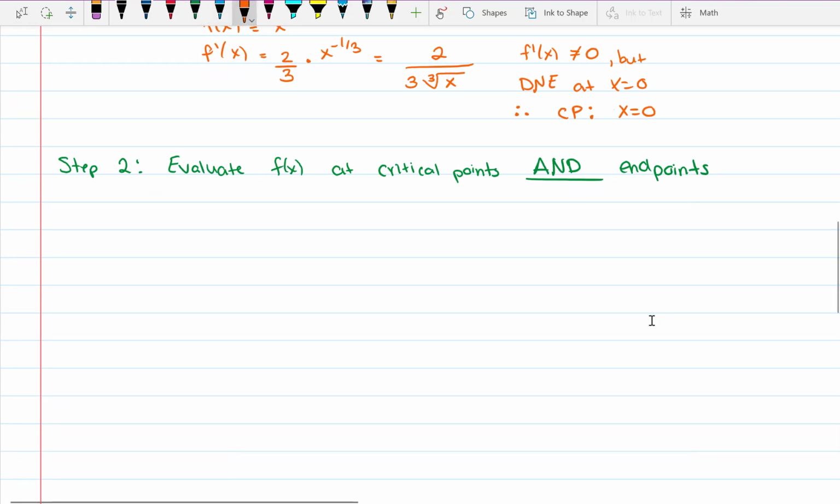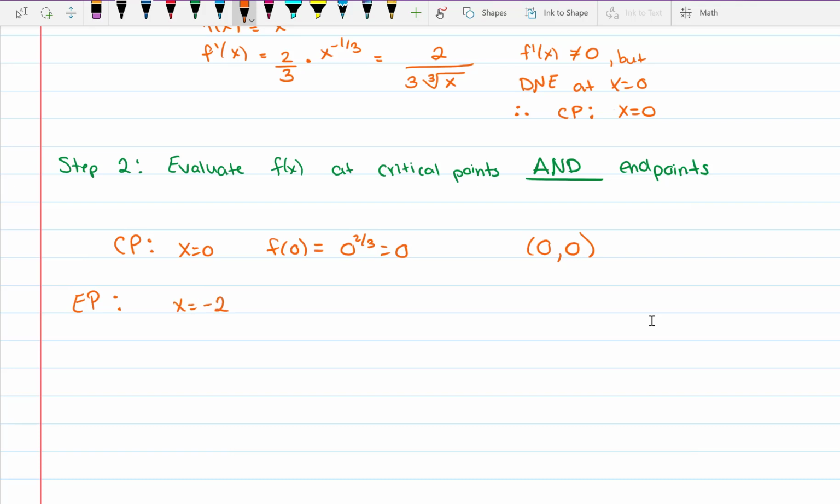So let's evaluate our critical point. It's at x equals 0. So f of 0 is 0 to the 2/3, which is just 0. So we get the ordered pair (0, 0). Now for the endpoints, which are x equals -2 and x equals 3.